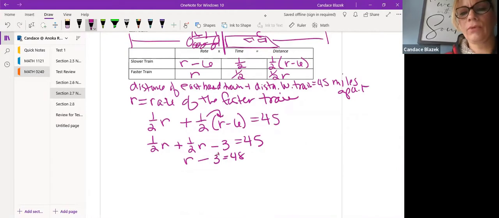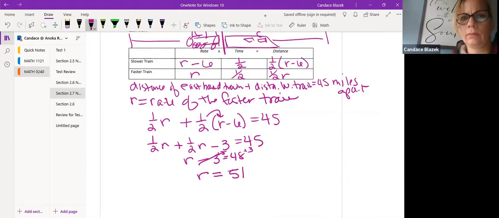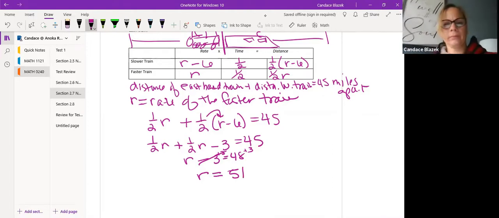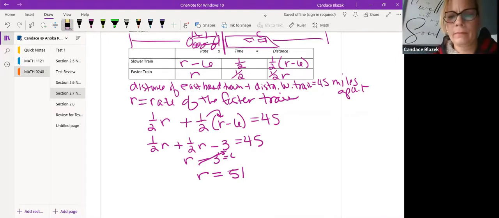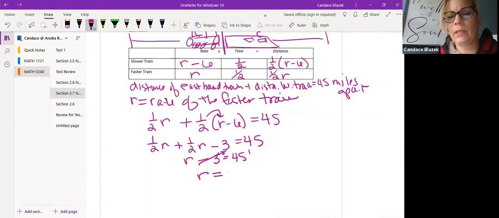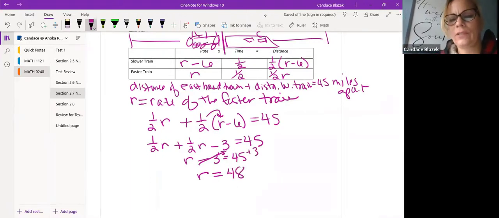I'm going to add 3 to both sides. And I find that r is equal to 51. I'm going to check. Oh, you know what I did? I wrote down the total here. So 45 plus 3, r is equal to 48. So that's the faster train.